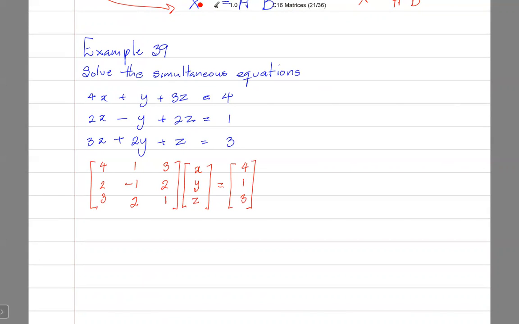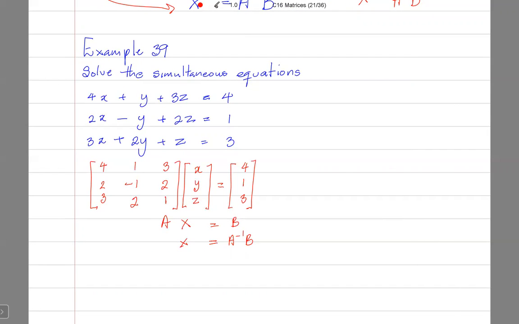Now we have a matrix equation of the form AX is equal to B. To solve it, I'm going to write back X and multiply the right-hand side by A inverse. So the first thing we need to do is find A inverse, the inverse of the coefficient matrix.